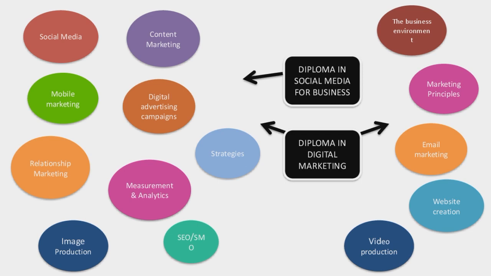The Diploma in Social Media for Business, which is the one we're going to talk about today, is a 12-month course, and we're going to describe those topics in more detail in a moment. The Diploma in Digital Marketing is a 15-month course, but includes additional topics like more marketing, email marketing, video production, website creation. Both diplomas are delivered as guided, structured distance learning courses, and you'll see details about how we do that as we go through.